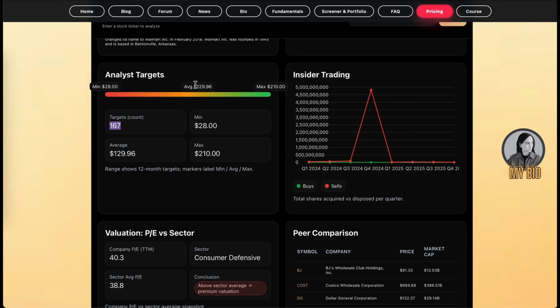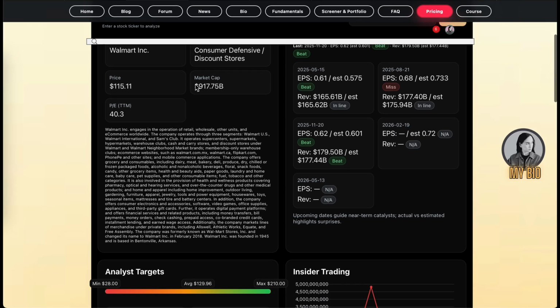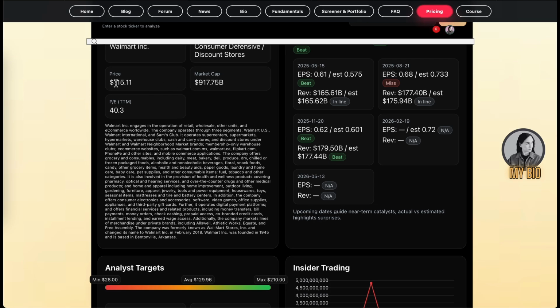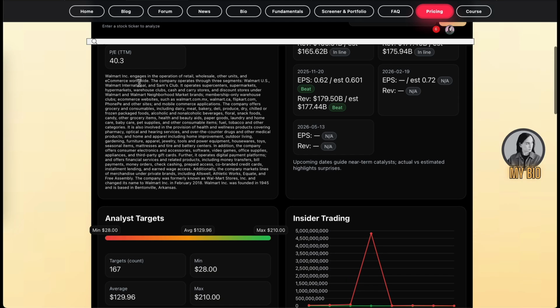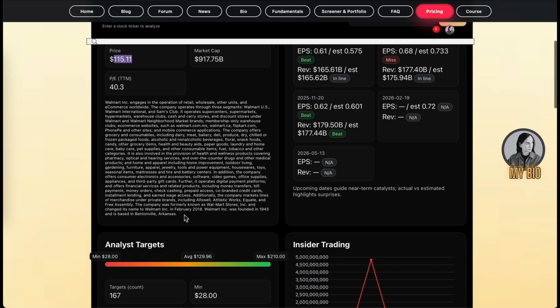So the average price is 129 and the current price is 115. It means that the stock is undervalued a little bit, still has some growth potential. It can reach 129, but still it's not that great as some peers, because some companies can have 20%, 30%, 50% growth potential.